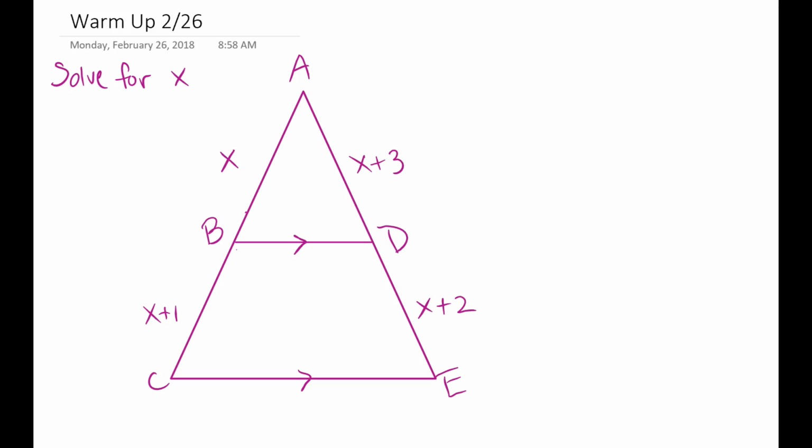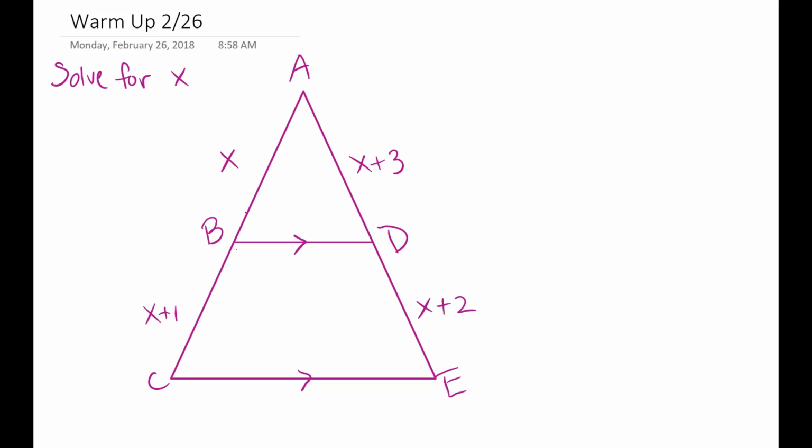How do we know they're the same shape? Same base. Oh, they're parallel. It says BD is parallel to CE. Whenever you have the two bases parallel and the small triangle is encompassed in the big triangle like this, you know that these are two similar triangles.